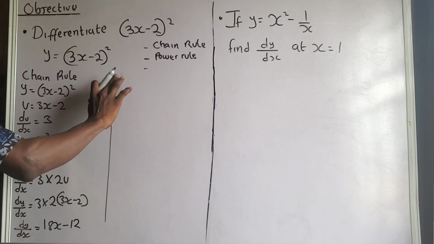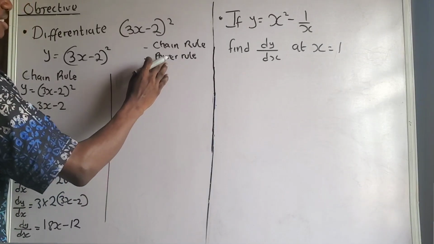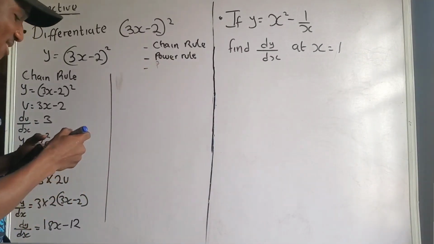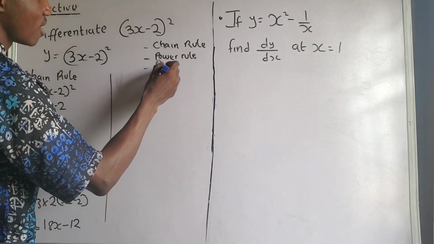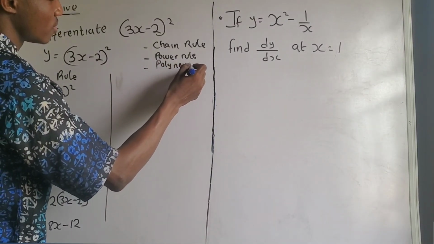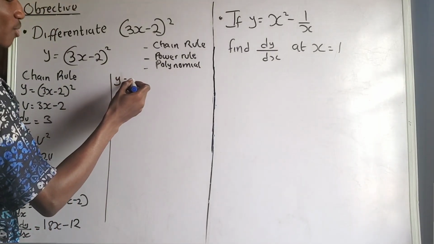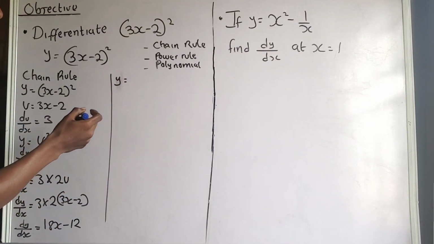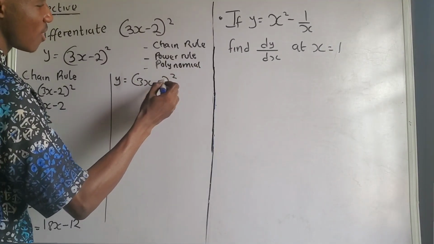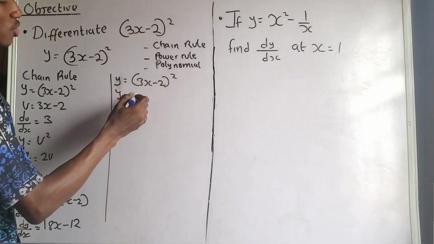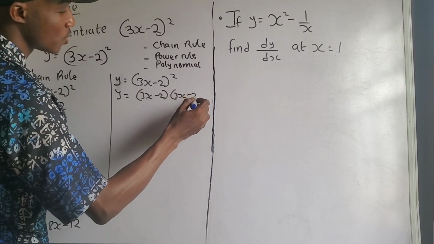Now let us use the second, which is power rule, or polynomial rule. Now for polynomial rule, it's quite simple, but you just have to deal with expansion, because y equals 3x minus 2 raised to the power of 2. y equals 3x minus 2 multiplied by 3x minus 2, right?